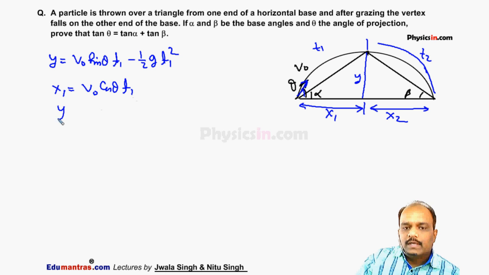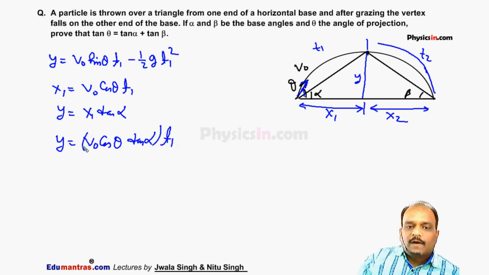We can say y is equal to x1 tan alpha. So from these two expressions I can say y is equal to x1, that means v naught cos theta into tan alpha into t1.